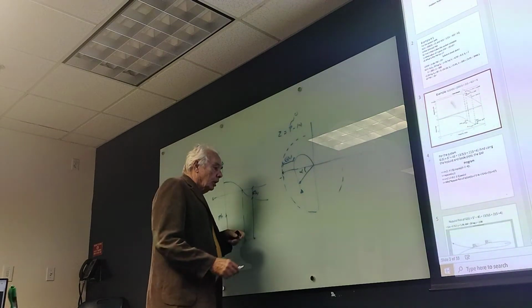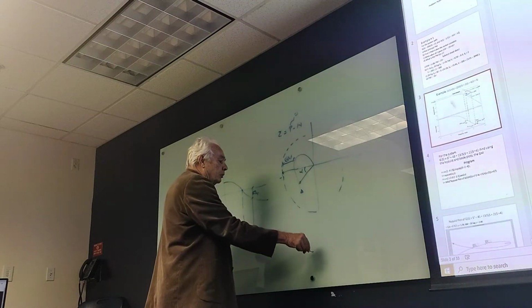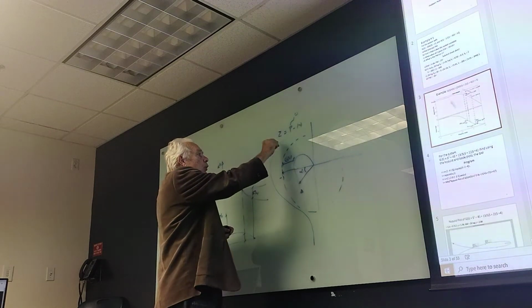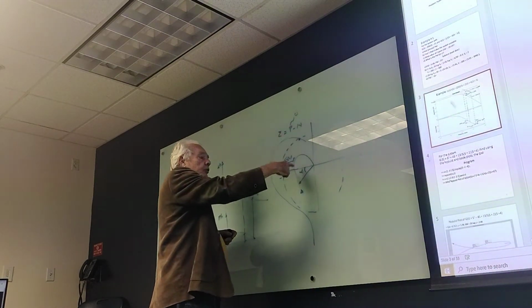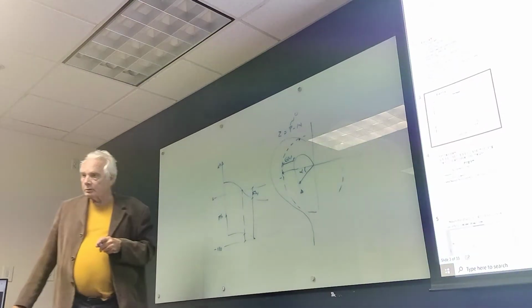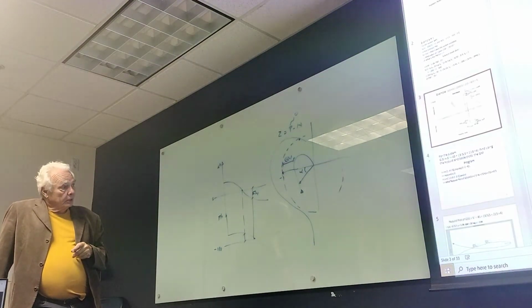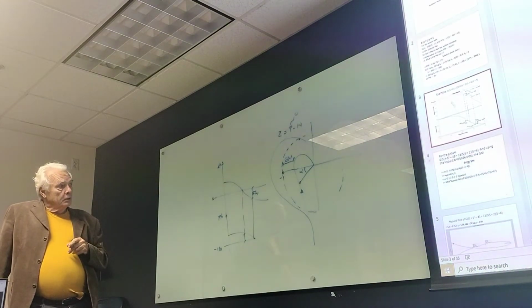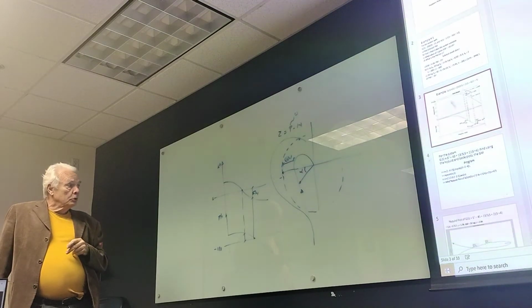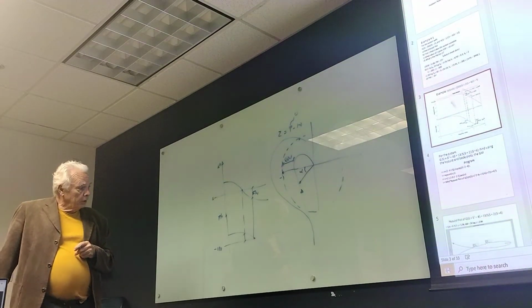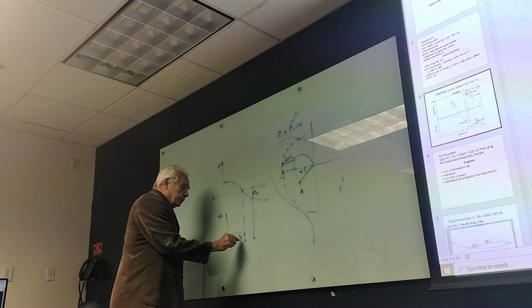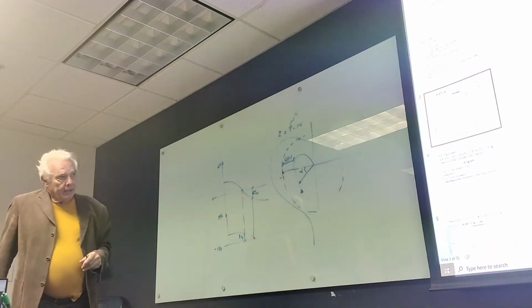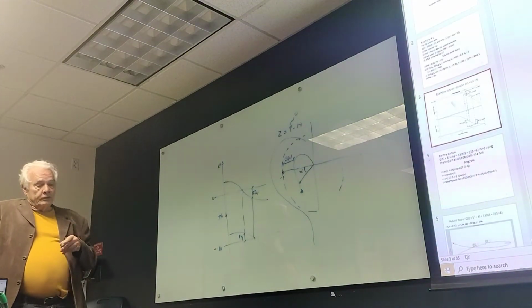Because if it cuts, it will be 1 after passing minus 180, and then the system would be unstable. So we can apply the Nyquist rules to the Bode diagram, and here we have the phase margin, and there you have it.